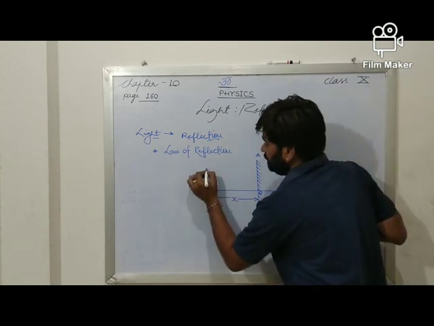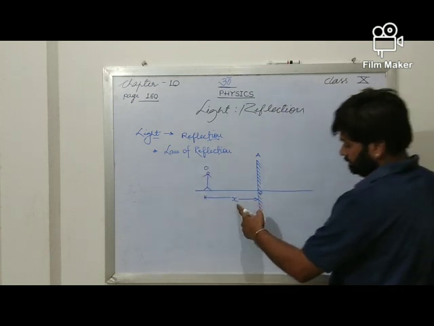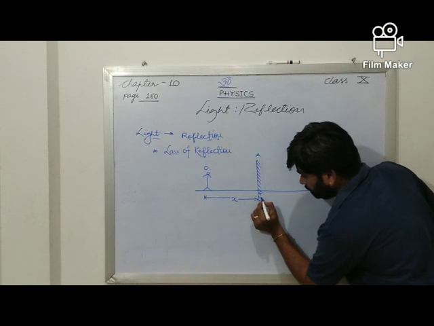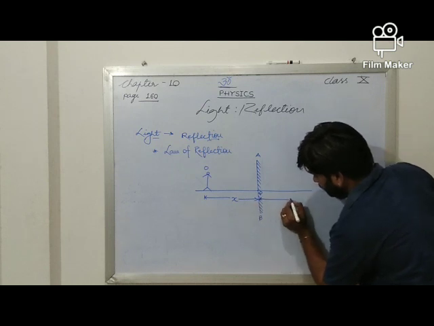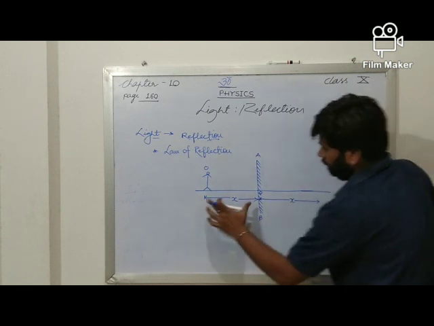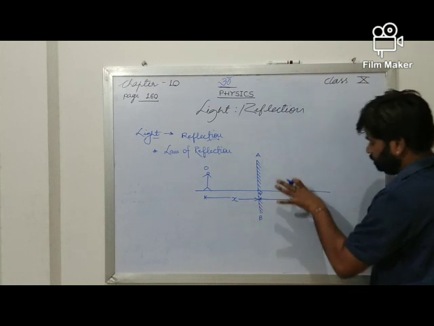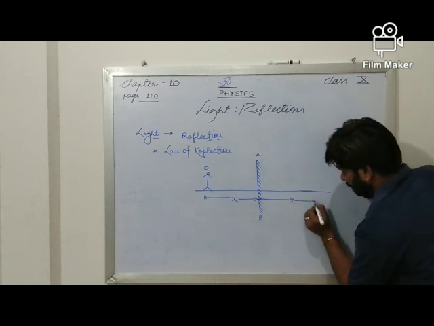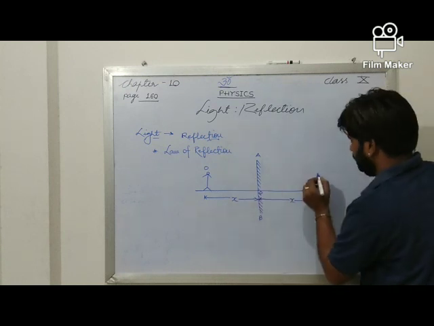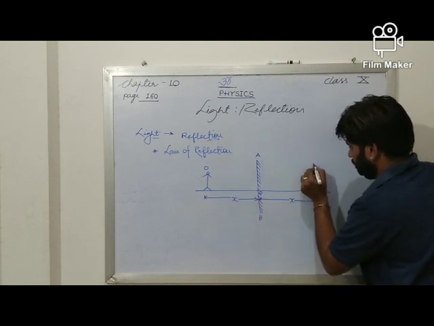Say this object is O. Now this is the x. We see that at the same distance, that is this one, we get the image of that particular object.